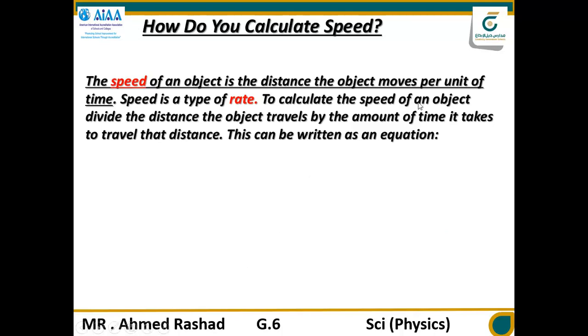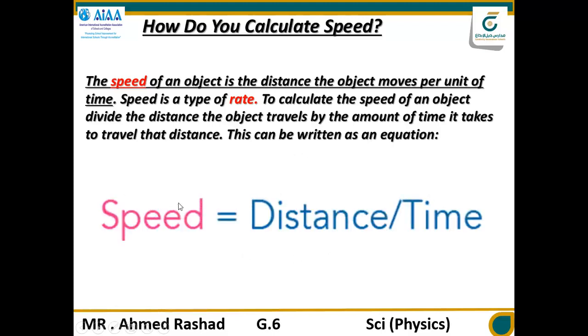To calculate the speed of an object, divide the distance the object travels by the amount of time it takes to travel that distance. This can be written as an equation. So speed equals distance per time.